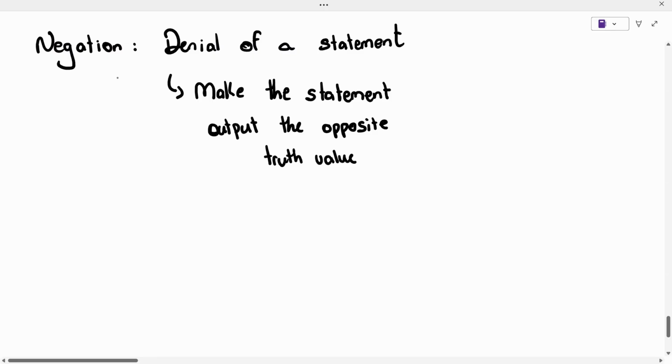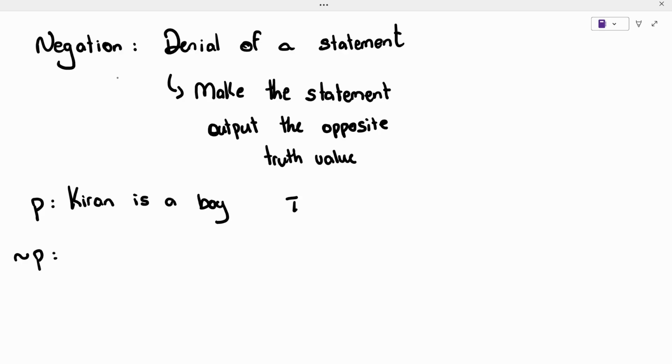For example, in propositional logic, if we had a statement P, Kiran is a boy, which is of course true, and we negated the statement, we would get Kiran is not a boy, which is of course false. So we see here that the negation of the statement returns the opposite truth value as the original statement.